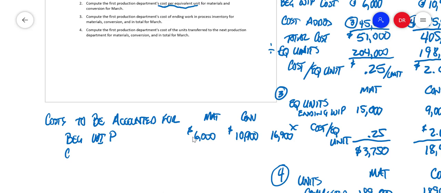And then we're going to have costs added. We're going to have materials cost added of 45,000. And conversion cost added of $395,000. Okay. When we add these two together, we get 440,000.